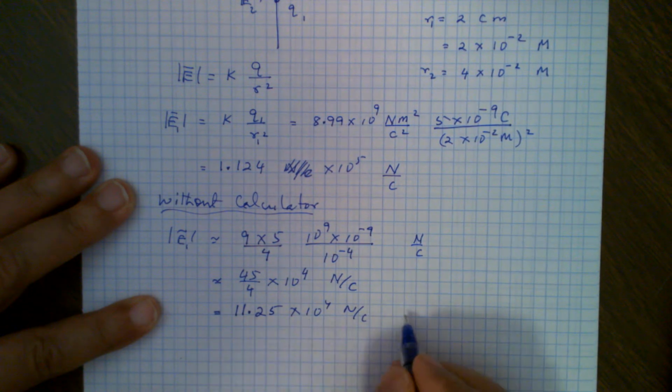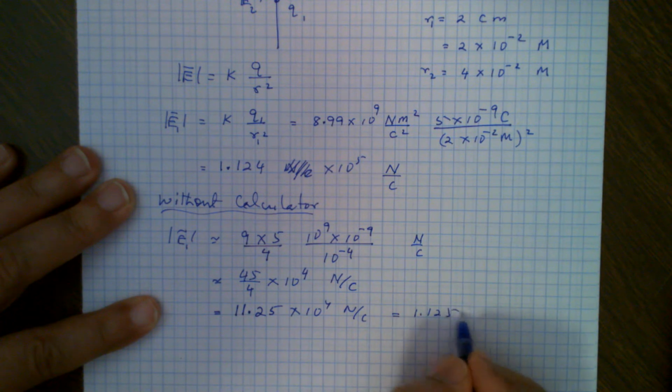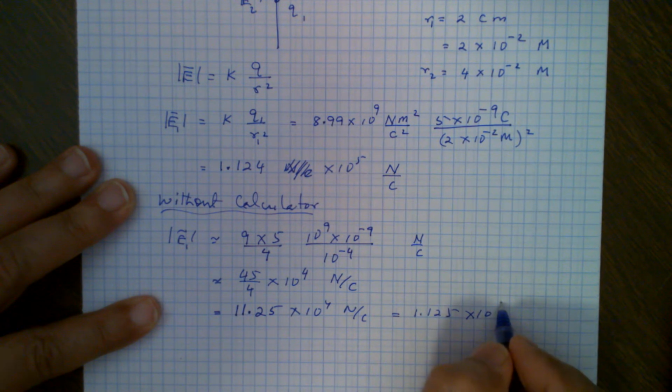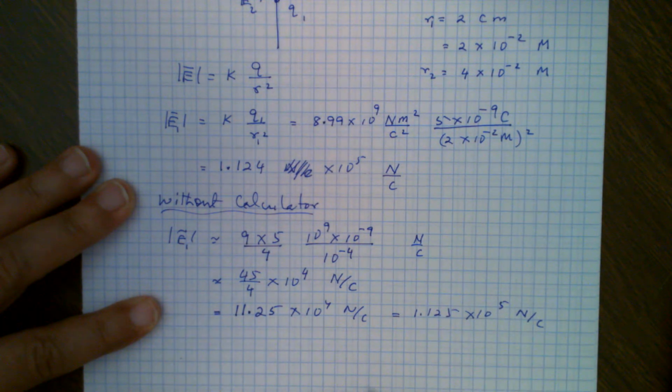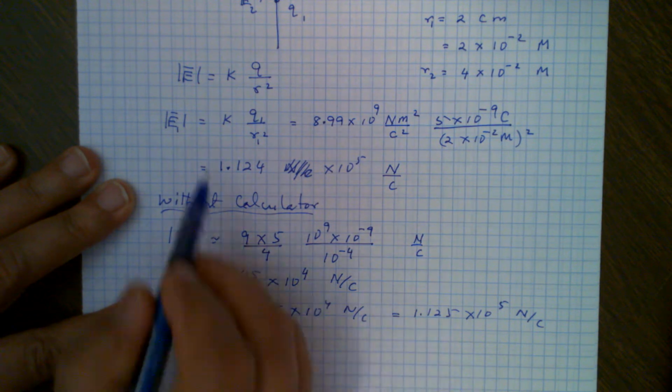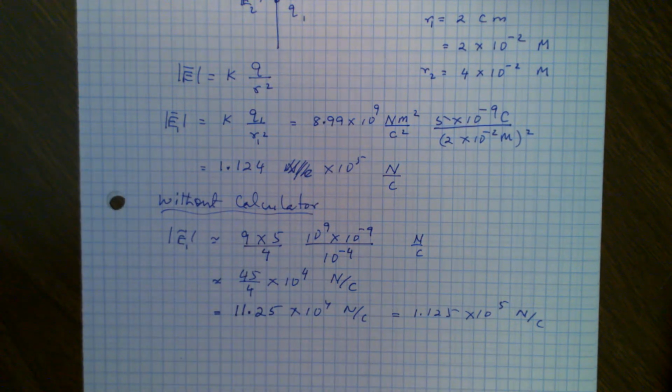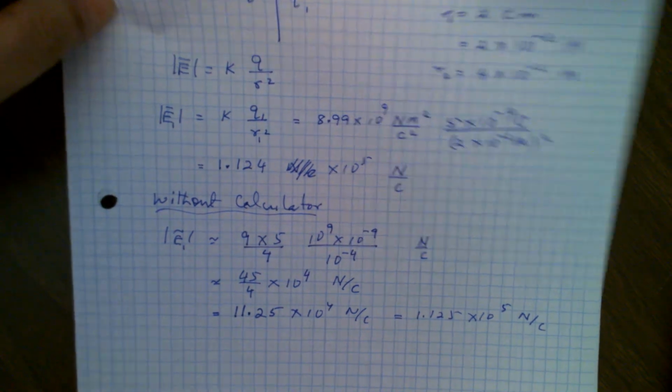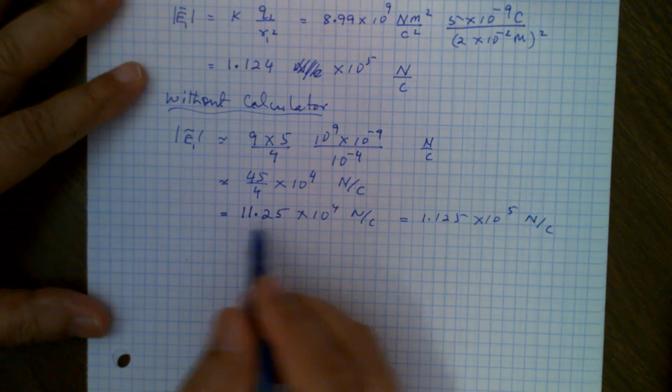So you can move the decimal place like the book. You'll get 1.125 times 10 to the power 5 newtons per coulomb, right? So you look at that, 1.124 and 1.125. That's not too much, right? Okay, so 1 part in 1,000. So you see, you can do that mental calculation.